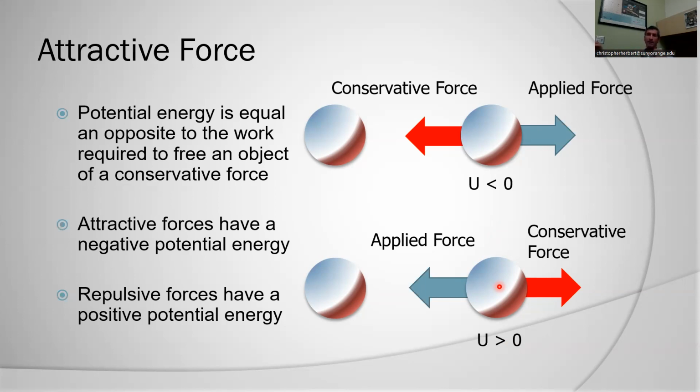And that's going to be a positive potential energy, which becomes less and less until finally it approaches zero. So repulsive forces have positive potential energies associated with them, okay? And again, that's just our typical convention, taking the potential energy to be zero where the forces go to zero.